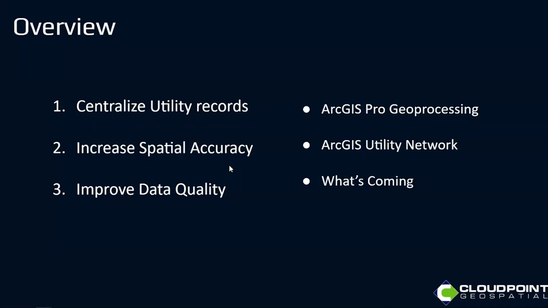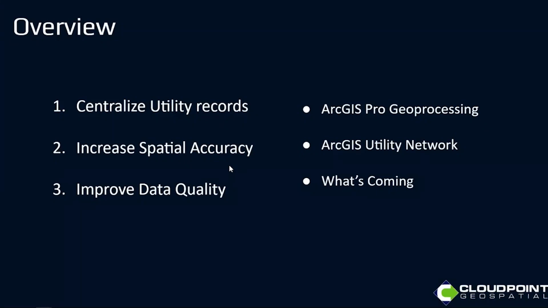So just an overview of the main topics we'll be covering today. First of all, we're going to discuss the centralization of those utility records, combining those all in one place. And then increasing spatial accuracy. We'll give some tips on how to do that when it comes to the positional accuracy of your utility data.